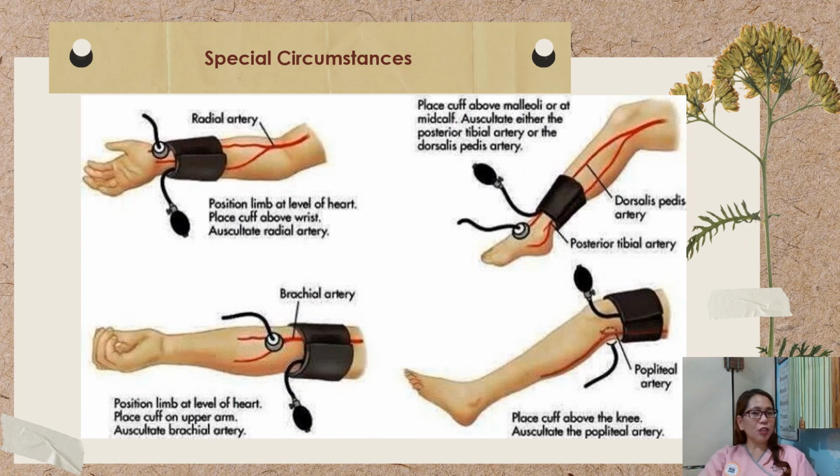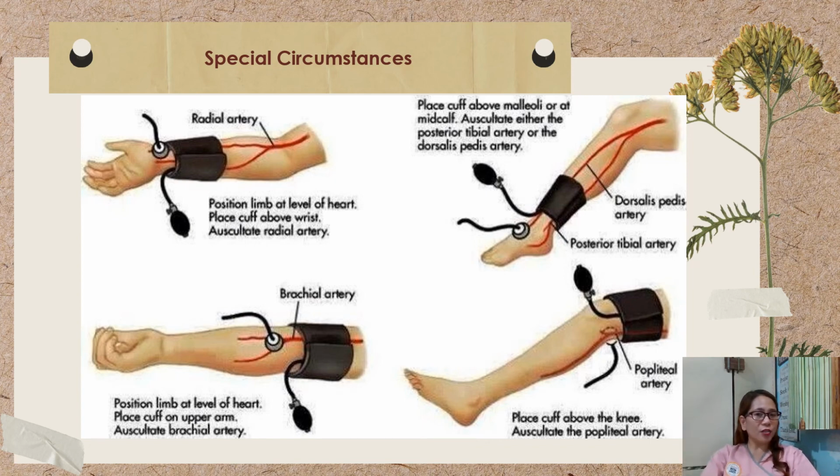Okay, so continuing with our special circumstances, so yung mga nasa example natin in the previous slide, or the usual location of taking your blood pressure is through your arm, diba? Just in case both arms, sa kabilang arm, merong mastectomy, and on the other arm, merong AV fistula.